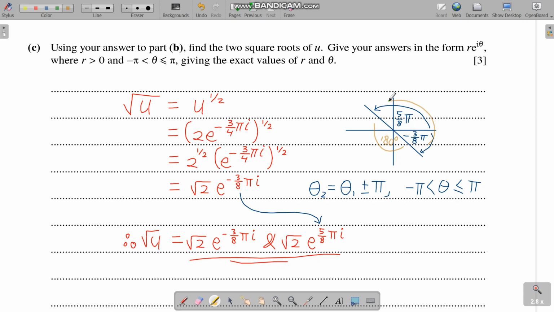That's the rule for all square roots. If one root is wherever it is, the other root must be 180 degrees apart. But we use radians, so pi radians. So therefore the answers are minus 3 over 8 pi and 5 over 8 pi. Alright, I'll see you again next time.